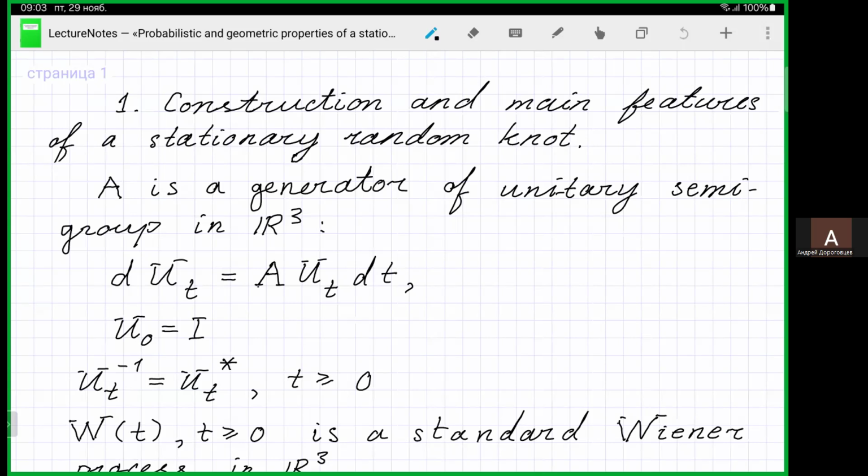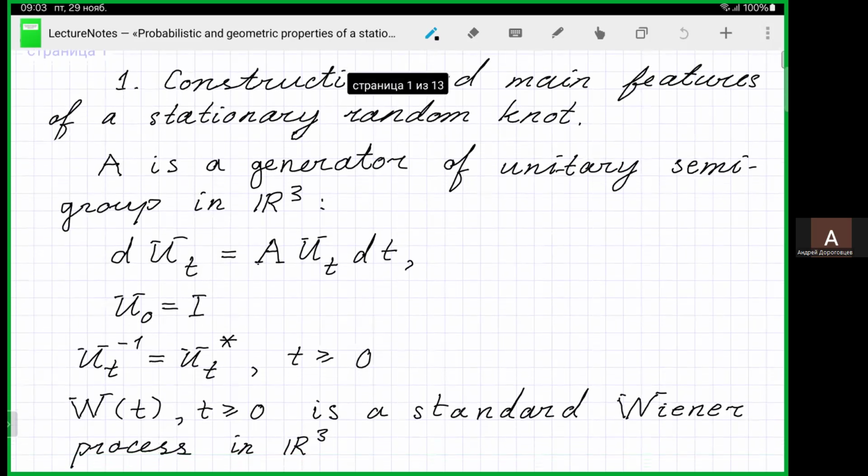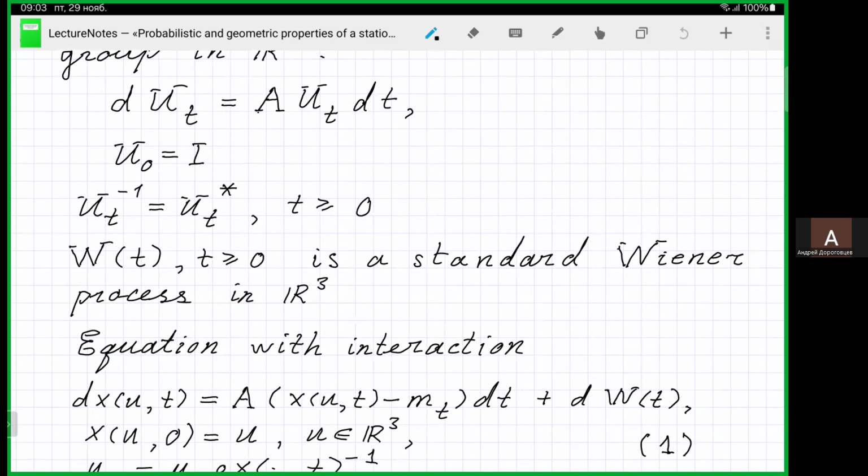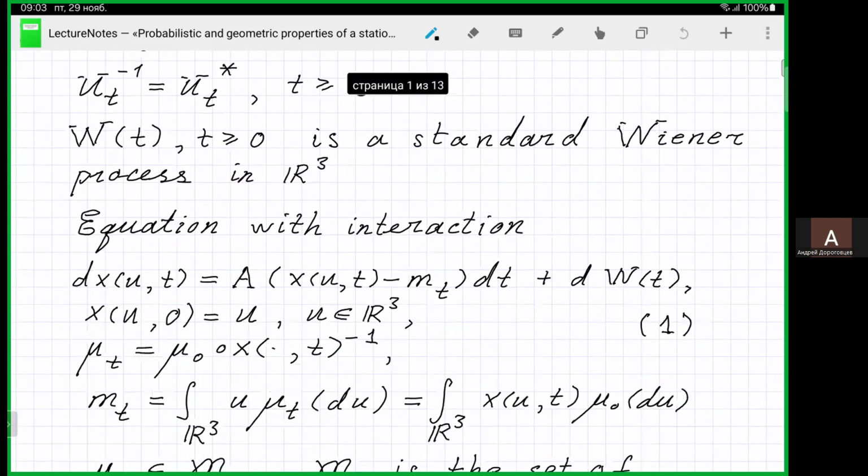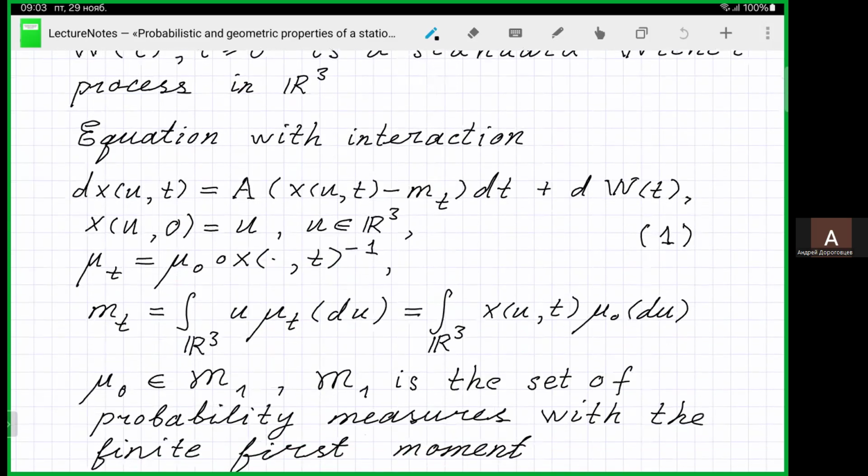So U indexed by t is a semigroup of unitary operators, linear operators which preserve distances in R3. Also suppose that W_t is a standard Wiener process in R3. Now consider the following simple equation with interaction. I just consider a linear equation with noise.